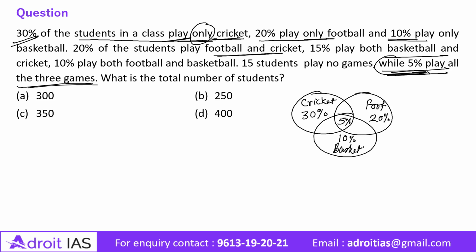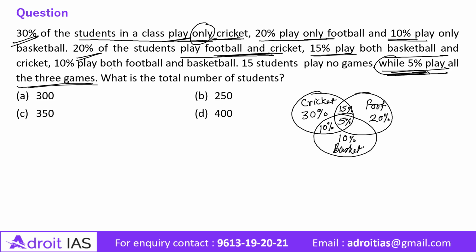Now let's talk about the common for 2 games. 20% play football and cricket, so 20% should come to this region. 5% is already here, so 15% is left, right? 15% play both basketball and cricket. So 5% is already here, so we are left with 10%.